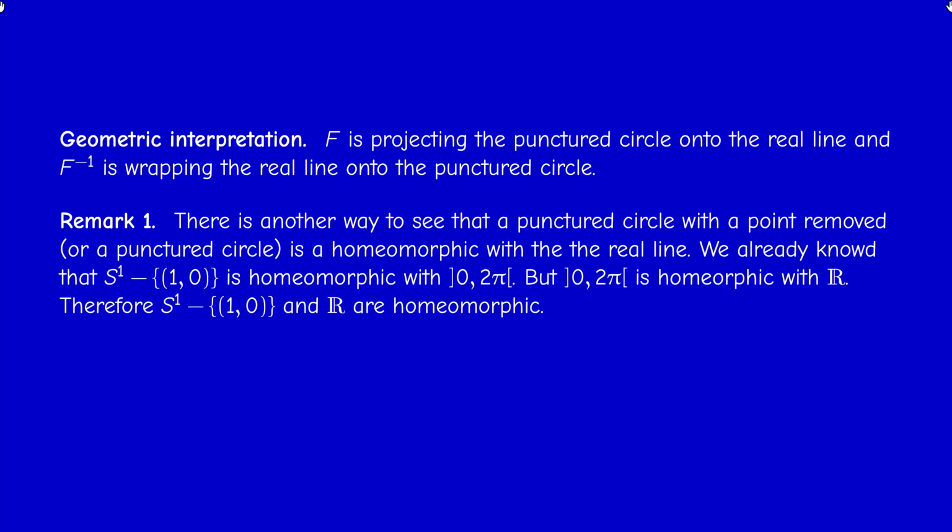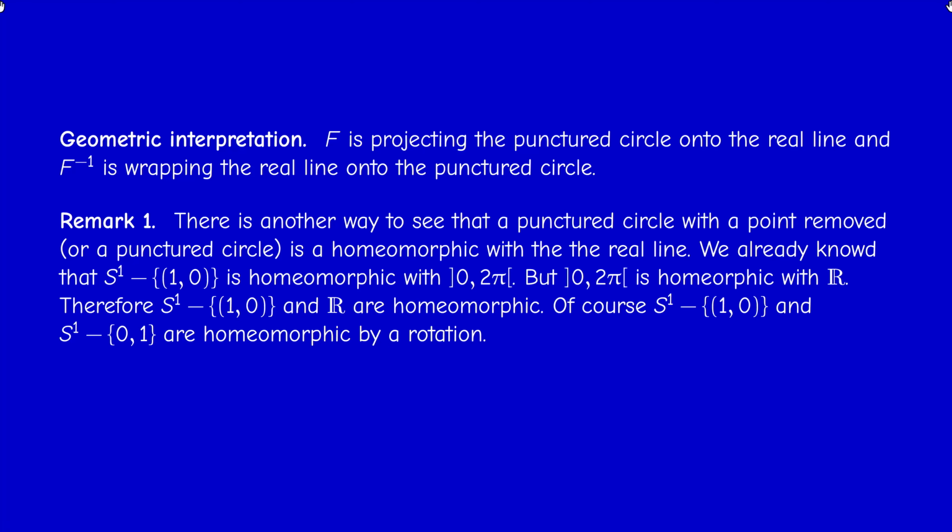Of course, if you remove the north pole or the point to the right, it's the same thing, because these two are obtained by a rotation. So this is another way of showing that the whole line is homeomorphic to a circle without a point, or just to an open interval. So all these shapes are the same. For a topologist, the open interval 0 to pi, or 0 to 1, or R, or a circle without a point is the same object.